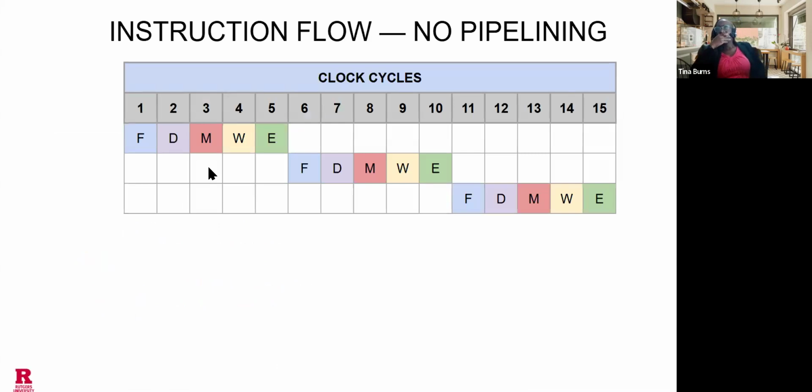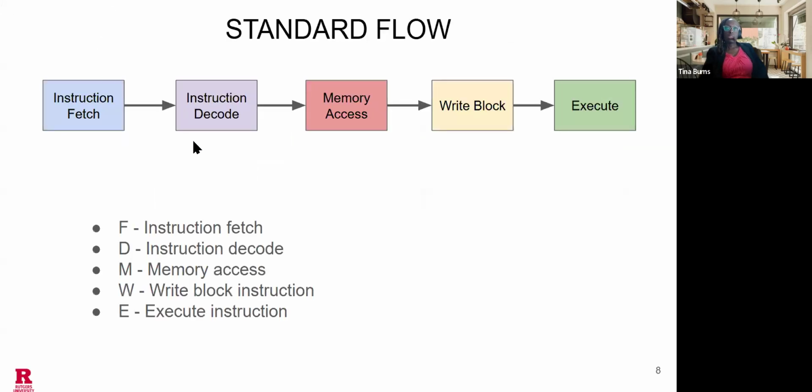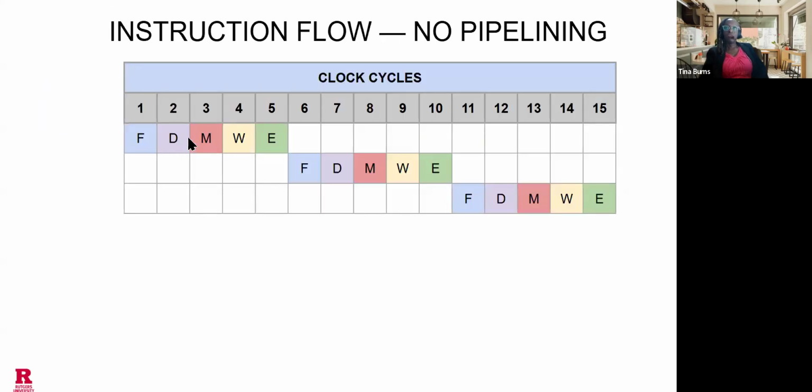And if we were looking at this as a standard flow, that means there's no pipelining. Let's say that each of these sections of each of these instructions takes one clock cycle. They may not actually take one clock cycle, but we're going to use that for example. That means that in a standard configuration, I need to finish all of these.